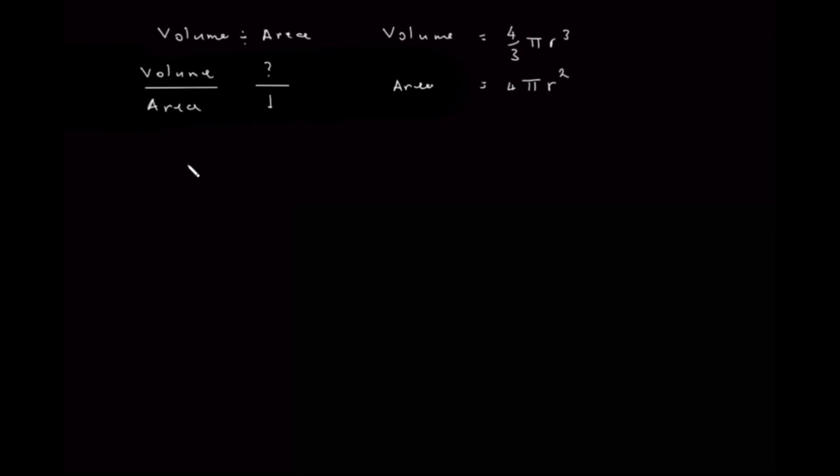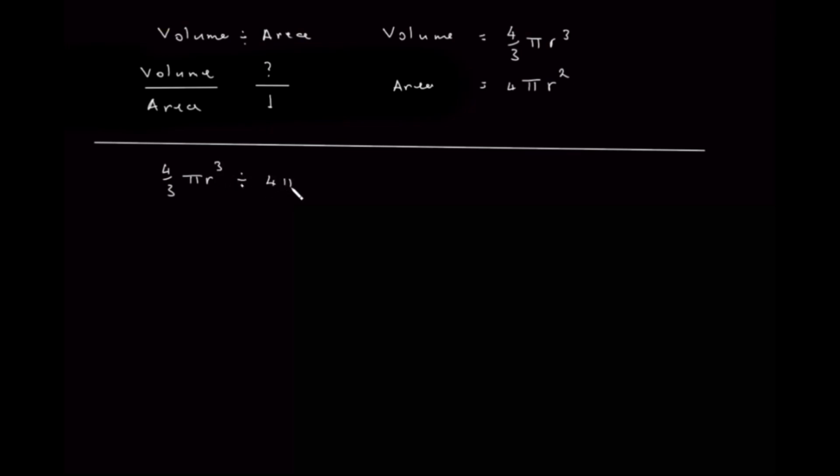So we end up with this. Volume divided by area, 4/3 pi r cubed. Divide that by 4 pi r squared.